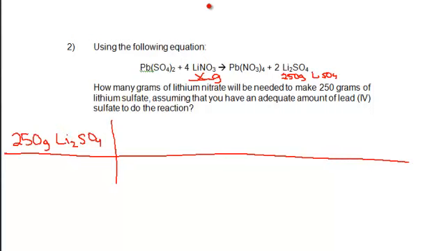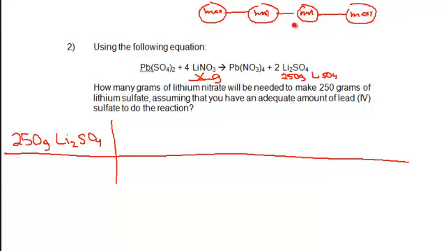And remember, I have mass. I need to get to mole. Then I'll go to mole and back to mass. This right here is my balanced equation. So I go from mass to mole. I know 1 mole of lithium sulfate equals how many grams of lithium sulfate?